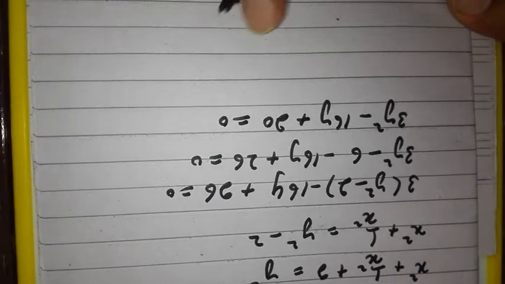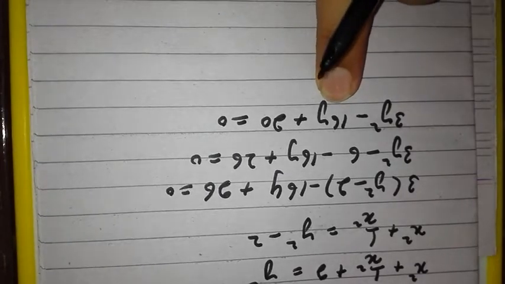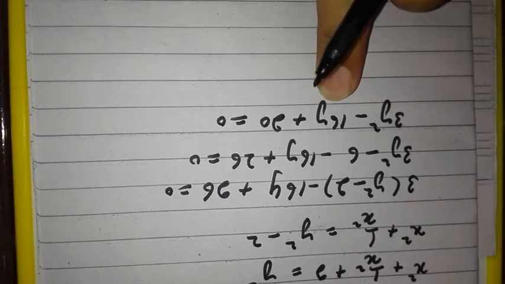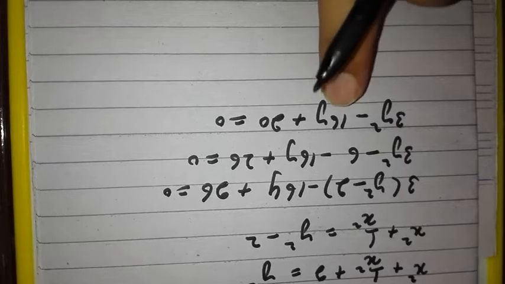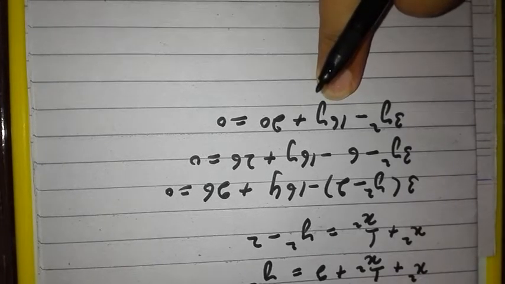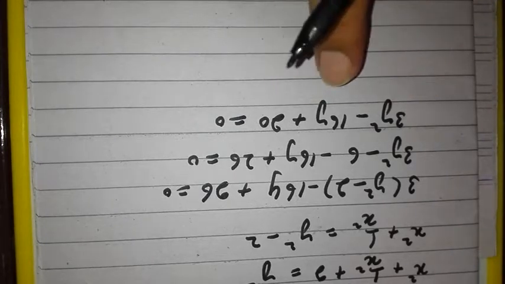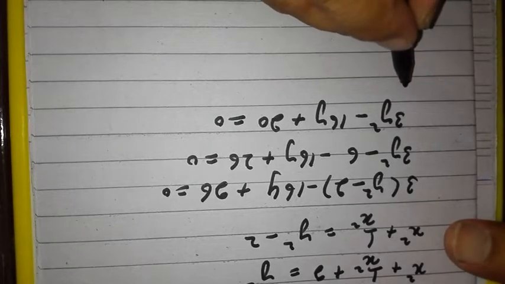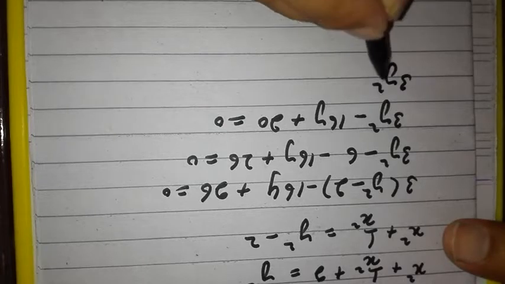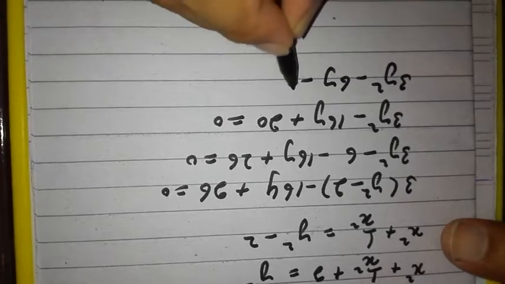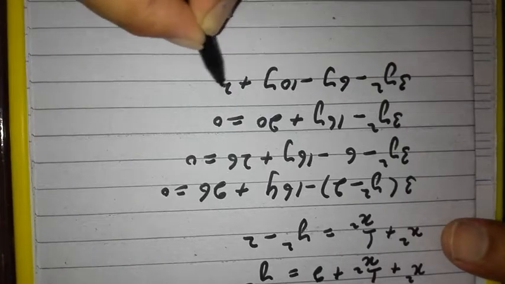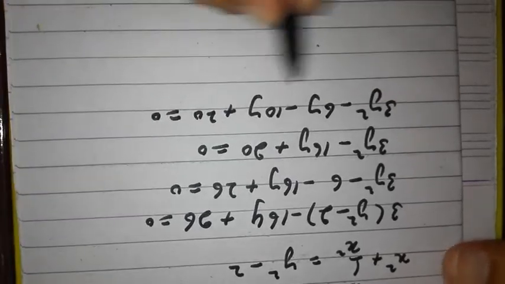Now split this linear term into two terms such that we get minus 16 from their addition and 60 from their multiplication. So we can write it as 3y square minus 6y minus 10y plus 20 equals 0.